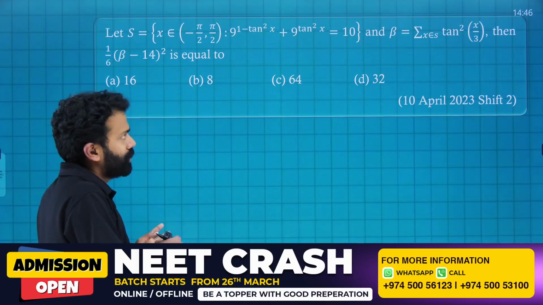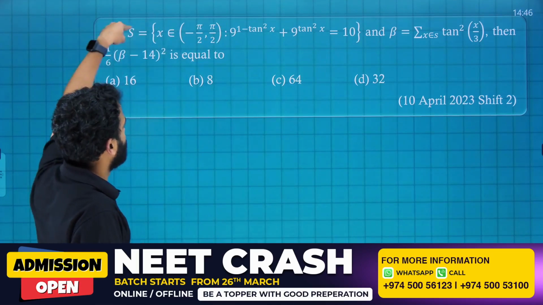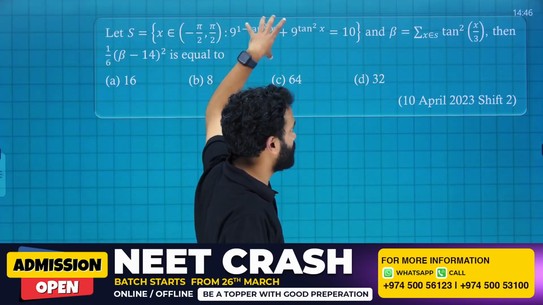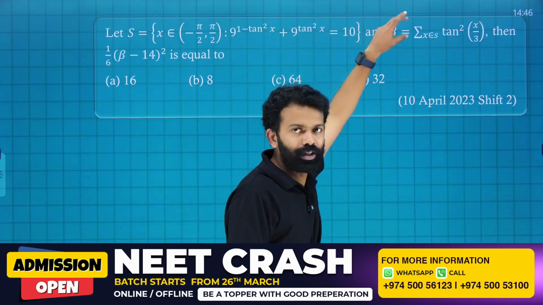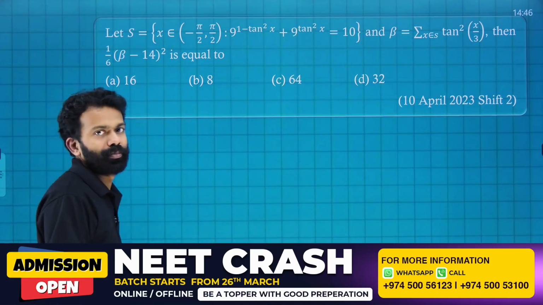See, they have made the question very progressive: you need to find S from here, and you need to find beta using that set S, and then after finding beta you need to find this also.